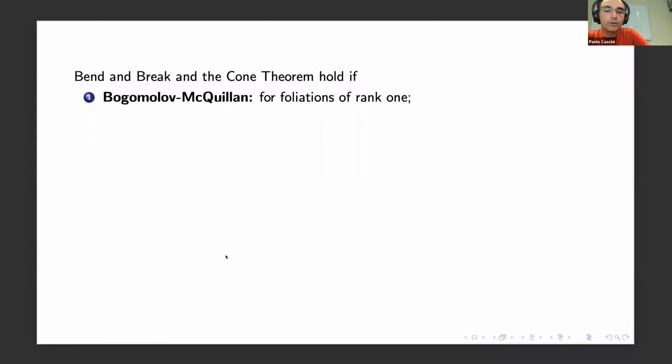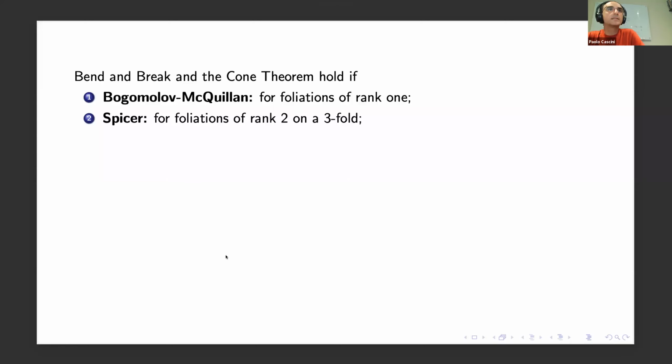Okay, so what do we know so far about this conjecture? First of all, both these conjectures are true for foliations of rank 1. This is a very nice theorem by McQuillan, which is actually much more general than what I stated, but this is already very useful in terms of the Minimal Model Program.